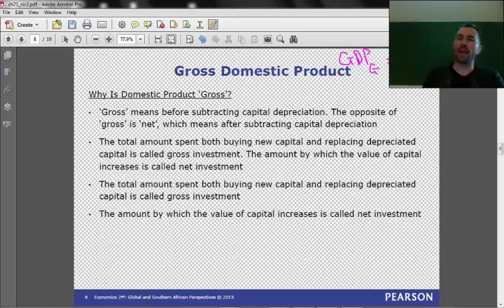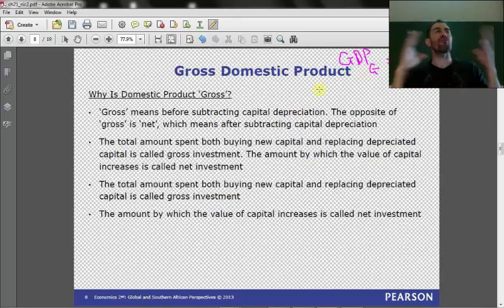So when we say gross GDP, what we mean is how many things, including capital machines and stuff, did I produce?